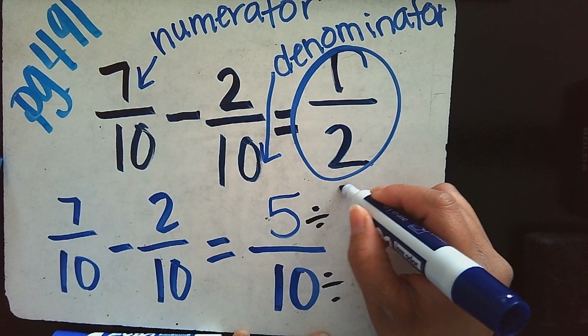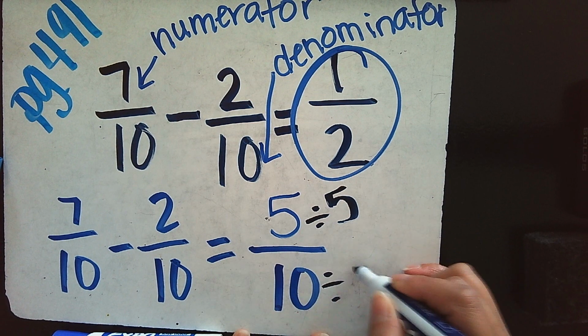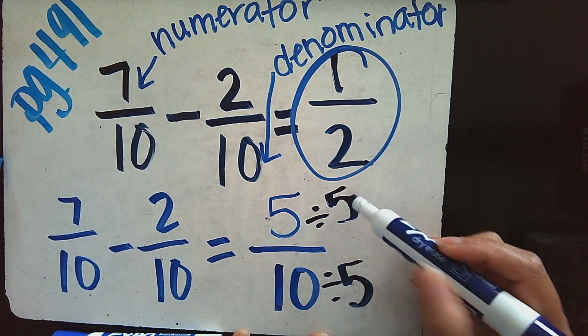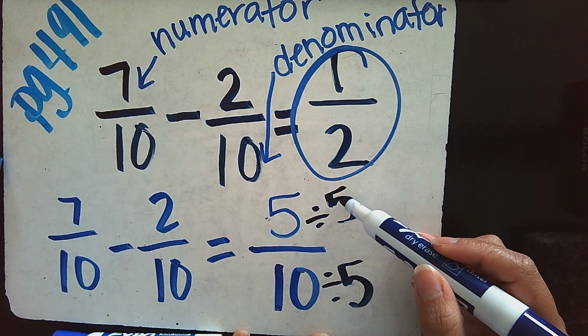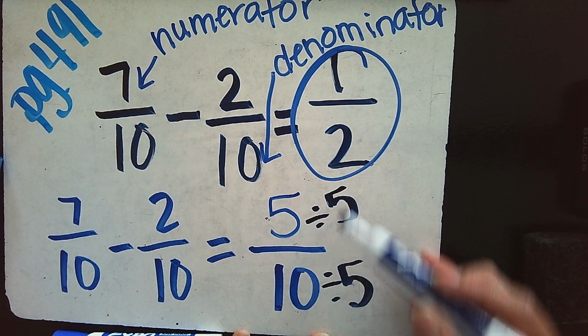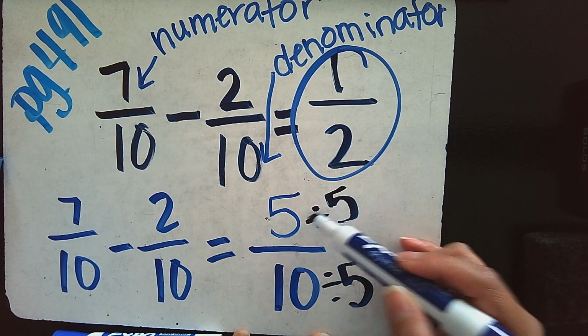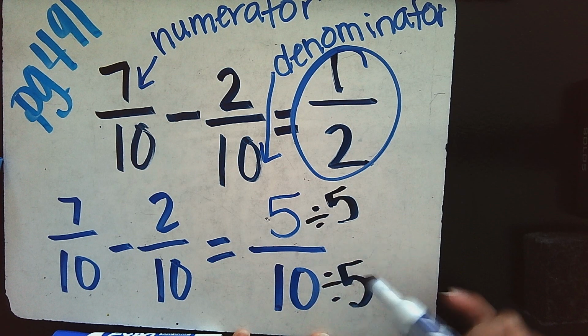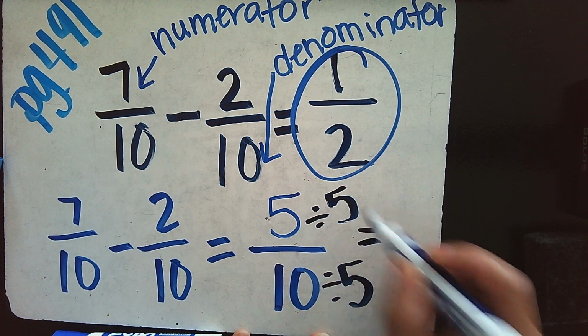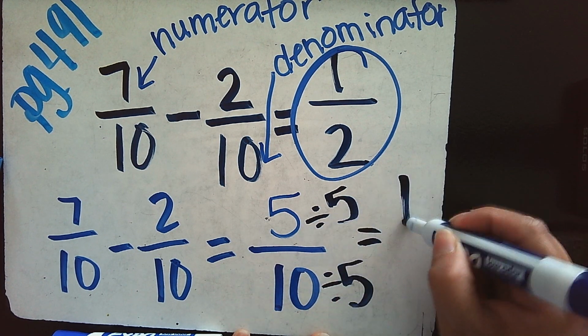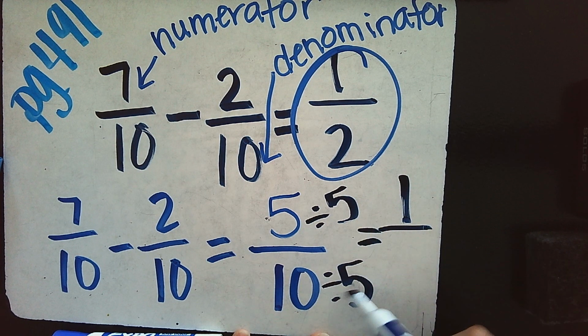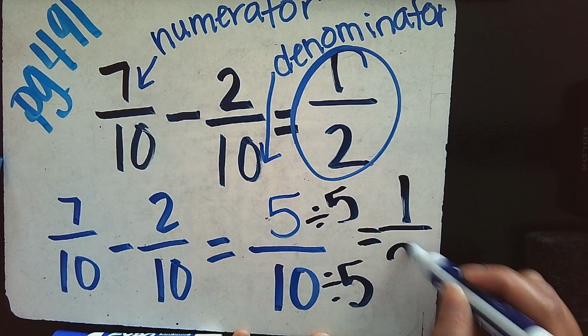And I would say 5, because 5 can go into 5 and 5 can go into 10. Remember, whatever you do to the top number, you have to do to the bottom. So I am dividing by 5 on the top and 5 on the bottom. So 5 divided by 5 is 1, and 10 divided by 5 is 2.